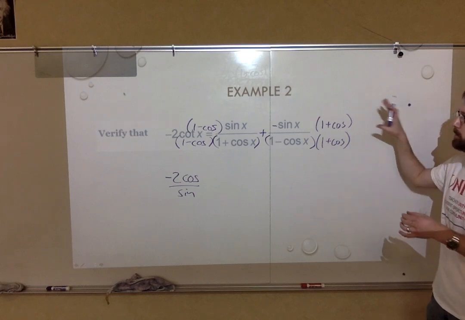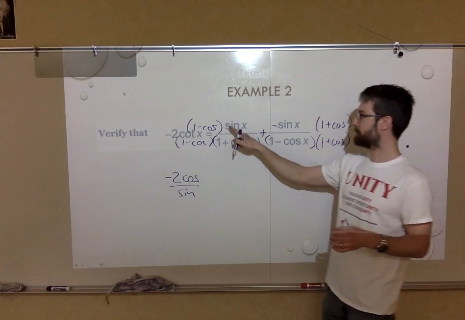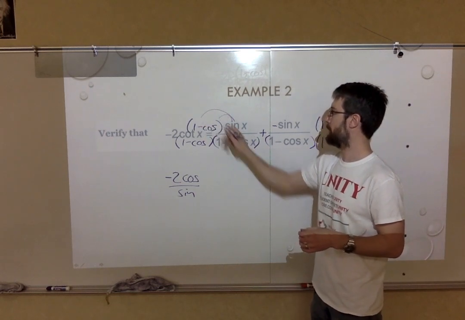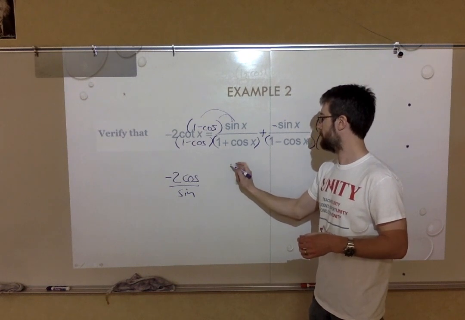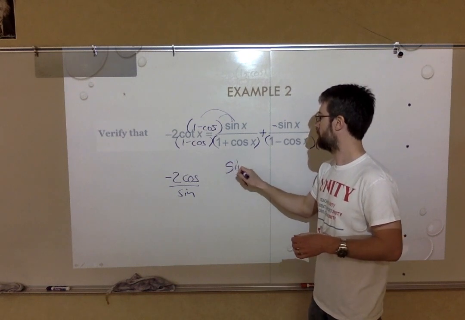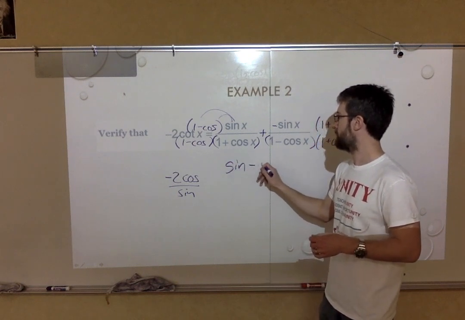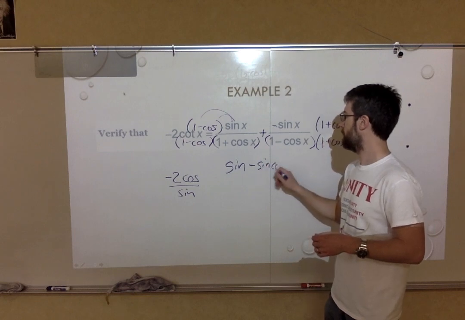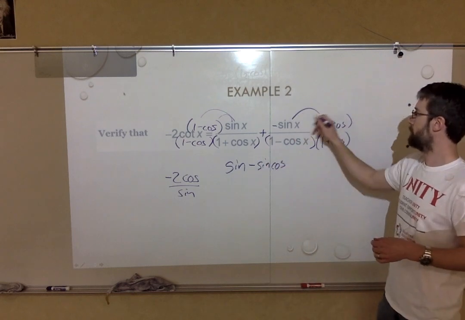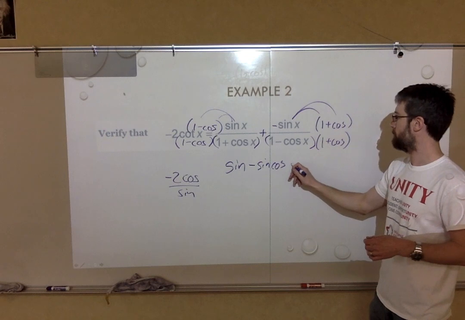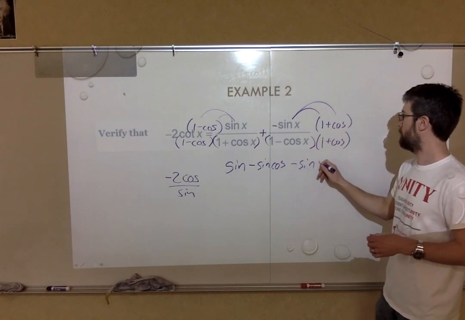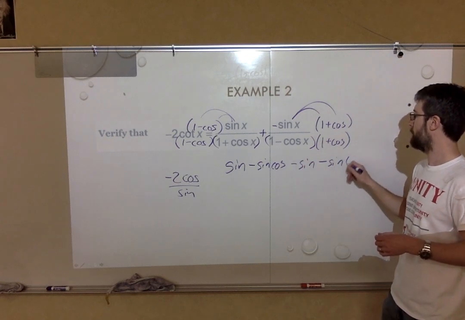Okay, simplifying the numerator. We distribute the sine x in there, and it is going to be sine minus sine cosine. Distribute the negative sign into here, and it is minus sine cosine.